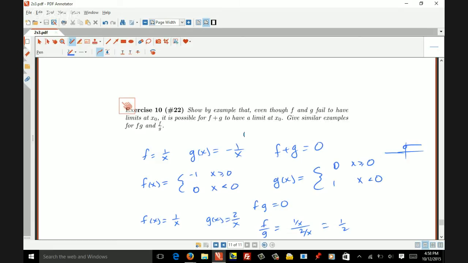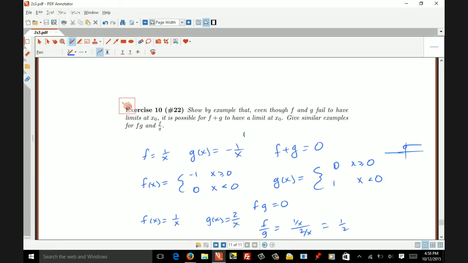Then I know that the sequence of x n converges to x naught by construction, because I'm forcing these delta n's to go to 0. The delta n's are smaller than 1 over n, so they're going to 0. So these x n's are in this neighborhood around x naught that is being forced to 0. So the sequence of x n is a sequence converging to x naught by construction.